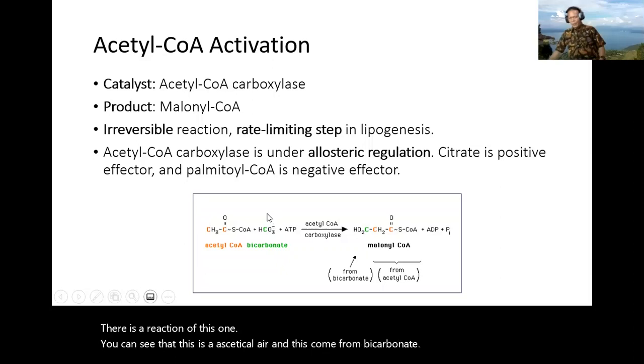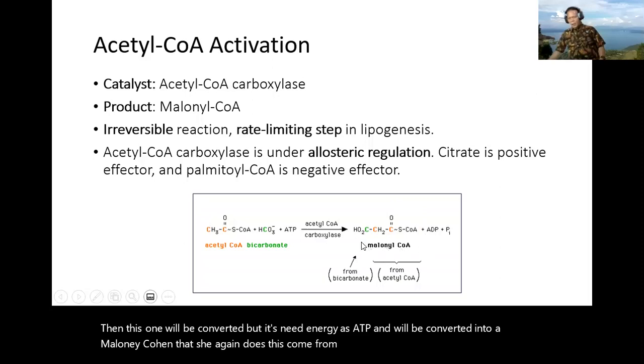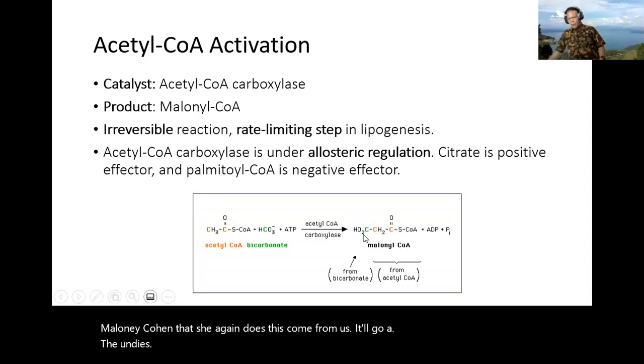Then this will be converted, but it needs energy as ATP, and will be converted into malonyl-CoA. Let's see again. This comes from acetyl-CoA, and this part comes from bicarbonate.